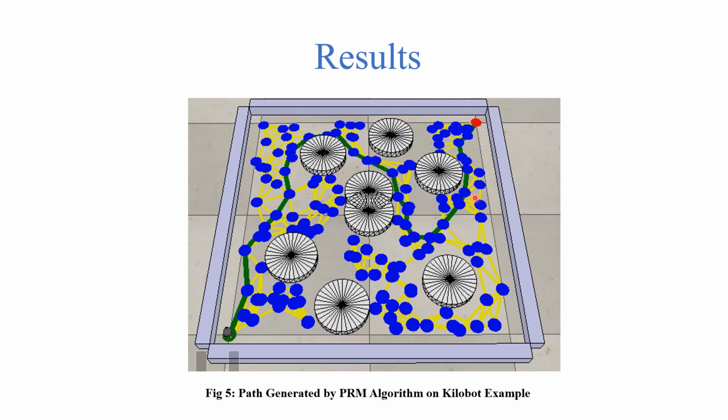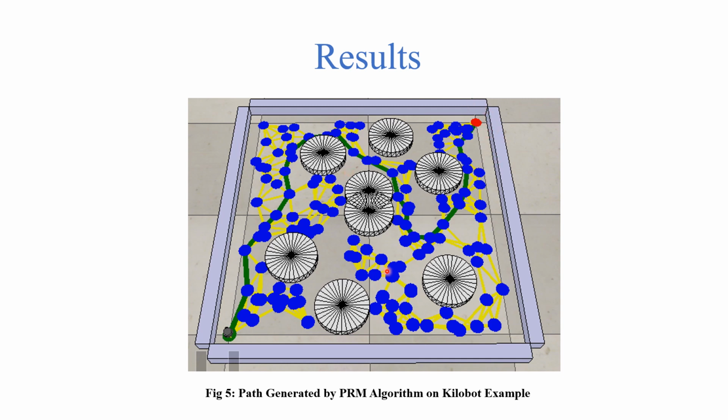Note that the yellow edges completely avoid all the obstacles, creating a connected graph approximating the free space of the robot. We then used the A-star search algorithm to plan this green path shown here. This path starts at the start configuration and then reaches the end configuration.